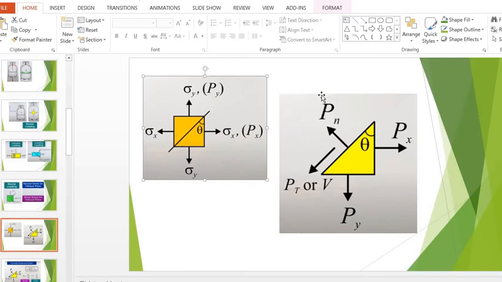Due to this normal force, normal stress will develop, and due to this tangential force, shear stress or tangential stress will develop. I think it will be clear. The normal stress is denoted by sigma n, and the tangential stress is denoted by sigma t.